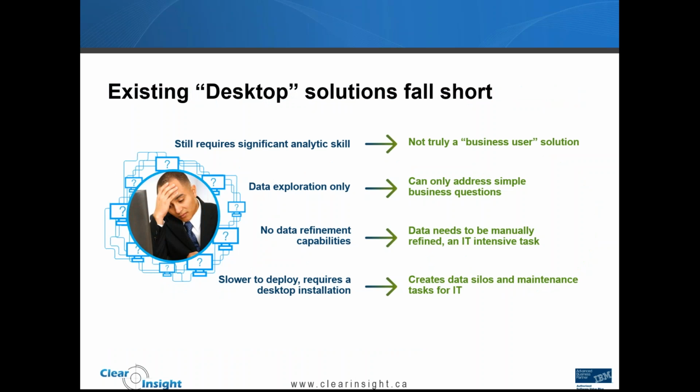Why do the desktop solutions fall short? Many of you may be using Cognos already, and that is great, and it's great for mining your data, pulling your data, making your data accessible, reviewing it, analyzing it, drilling down in the data. That's what that's all about. But in and of itself, you're looking at dashboards, you're looking at reports, and you're looking at data from a manual, personal perspective, and then interpreting within your own mind what that data is saying.